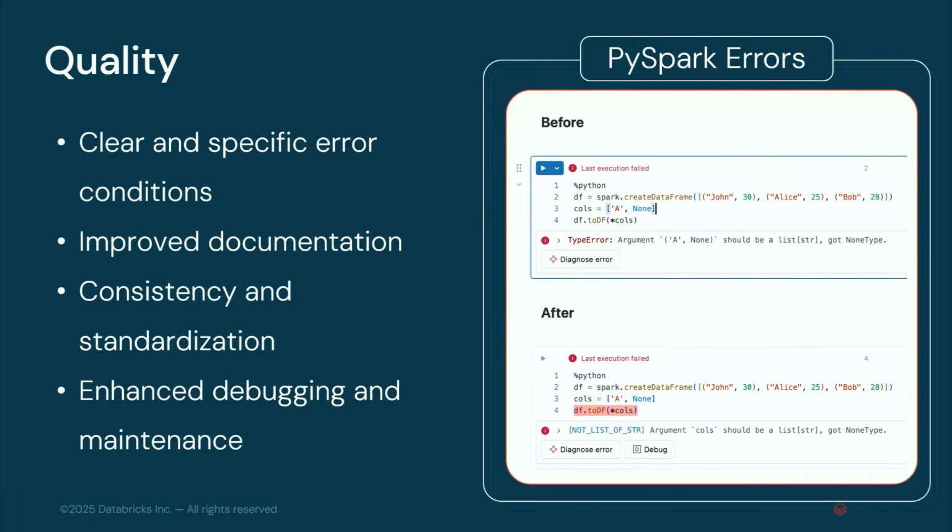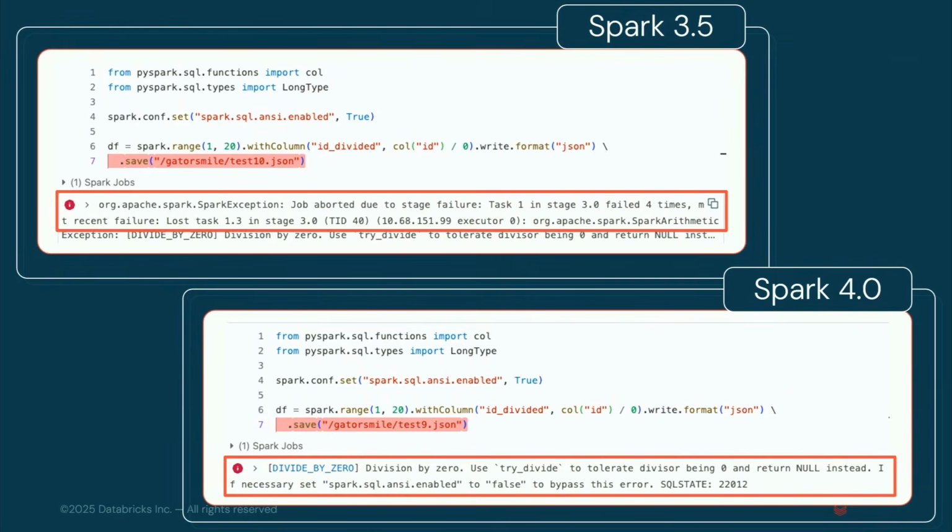So now, as a result, when you run into a problem, you get a nice code and then the description. I think the code can be a link. You can click on that, and it'll take you somewhere useful. So this is a nice illustration of what division by 0 looks like now versus what it used to look like.